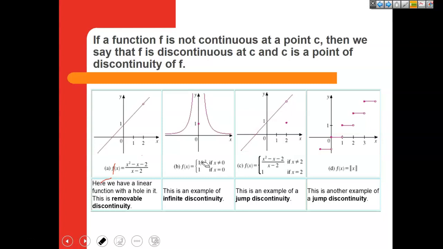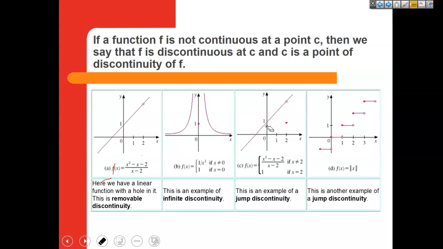Same here, this is jump. So you have your piecewise, you have the removable. They filled in x equals 2, but they filled it in at 1 instead of where the hole was. And then jump discontinuity. It's like your stepping stones or your staircase. It's going to jump at the end.